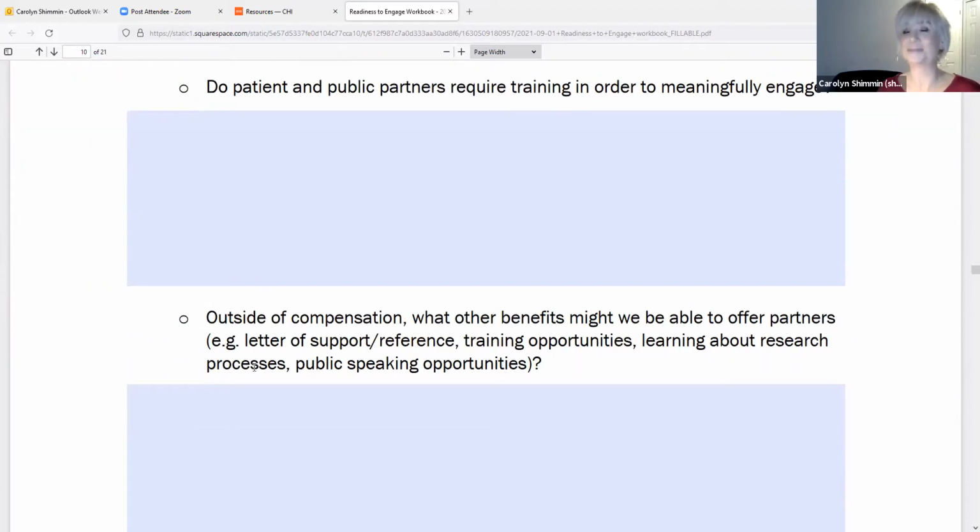Do patient and public partners require training in order to meaningfully engage? Again, thinking about what kinds of training might be helpful for people with lived experience as well. And outside of compensation, what other benefits might we be able to offer partners, such as letters of support or reference, training opportunities, all of these things?